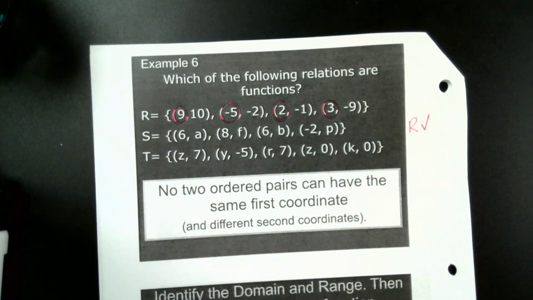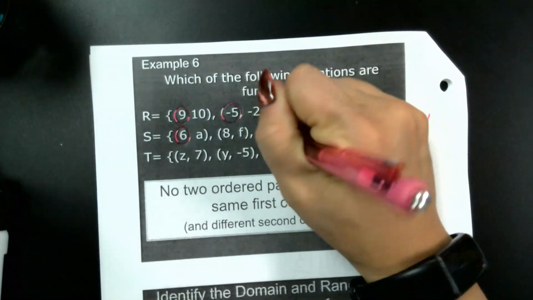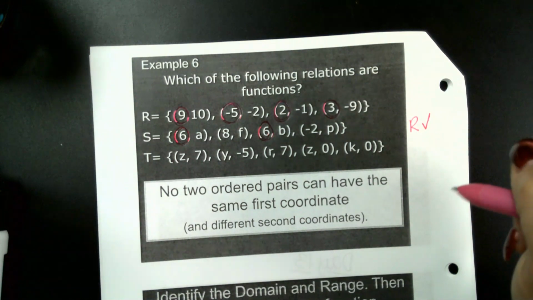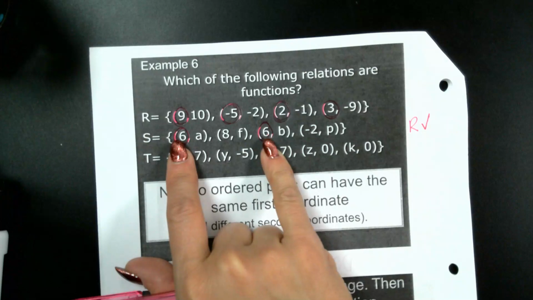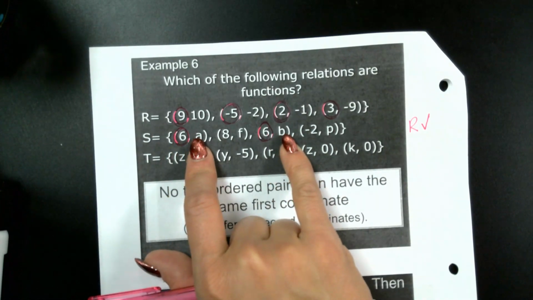Now let's look at S. There's a 6 here and a 6 here. Since you see an x that repeats, check the corresponding y value. If these two happen to be the same, then they're trying to trick you. They're trying to give you the same ordered pair twice.